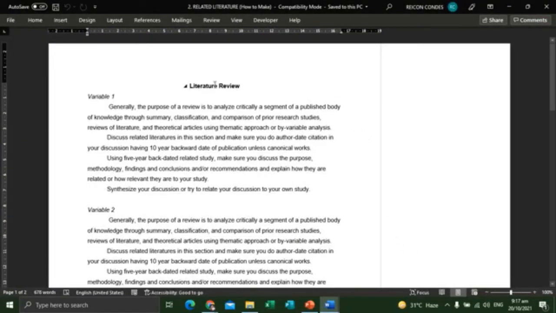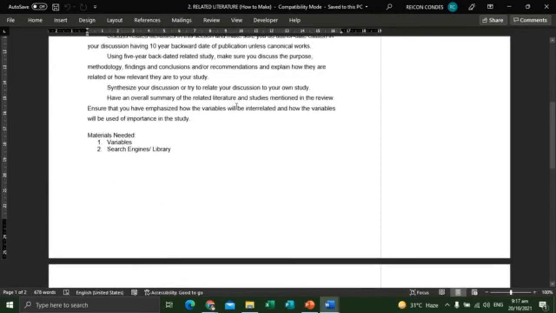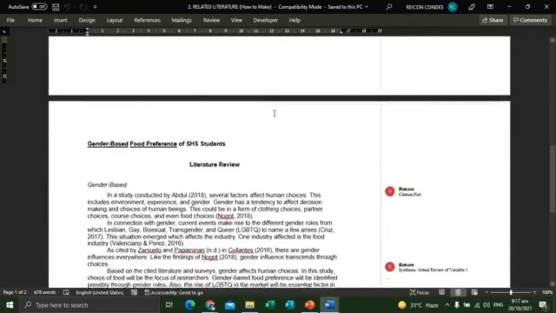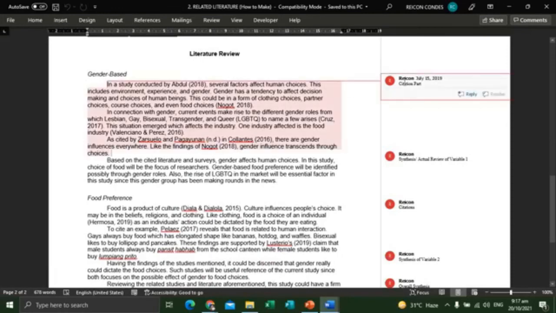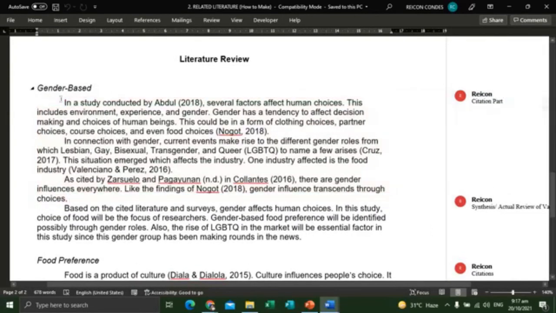ayan. So, kunyari, ito yung literature review natin. Ito yung ating sample. Ito yung citation part. Kunyari, itong mga ito yung mga binasa ninyong studies, ito yung mga binasa ninyo na books. So, citation part, ito yon, nandito sila, citation part.